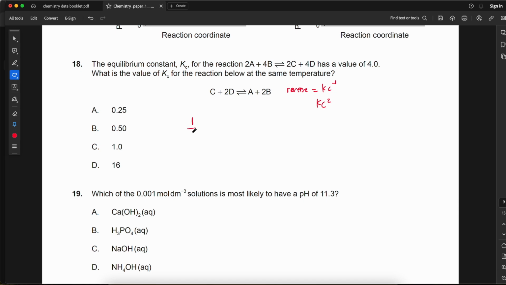So it's 1 over the square root of 4, which is 1 over 2, it's 0.5.